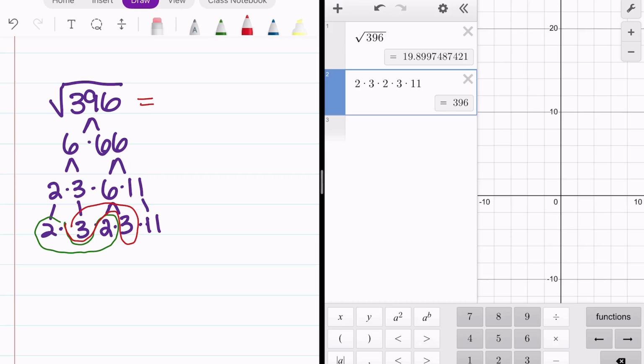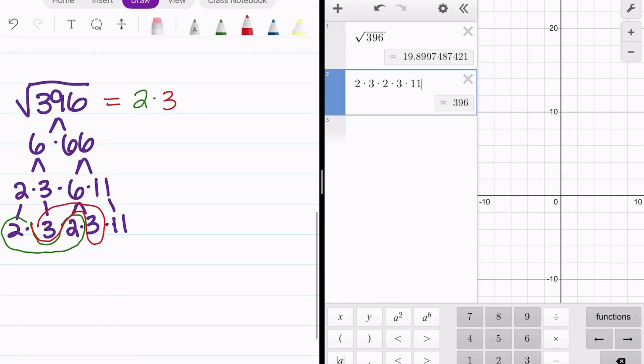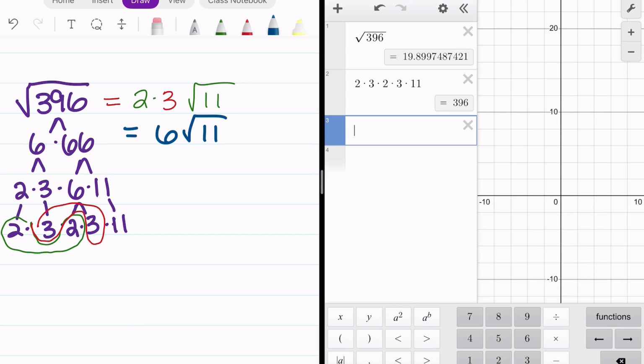So a 2 times a 3 is coming out, and I'm going to be left with the square root of 11 on the inside. And so then my final answer here would be 6 square root 11. And if I check that in the calculator, I get the same decimal as I did with the original square root.